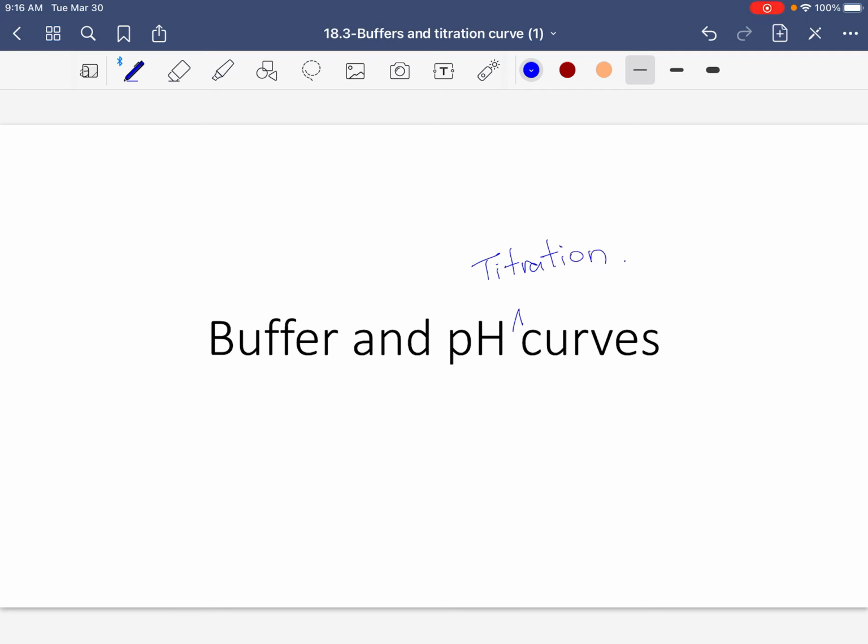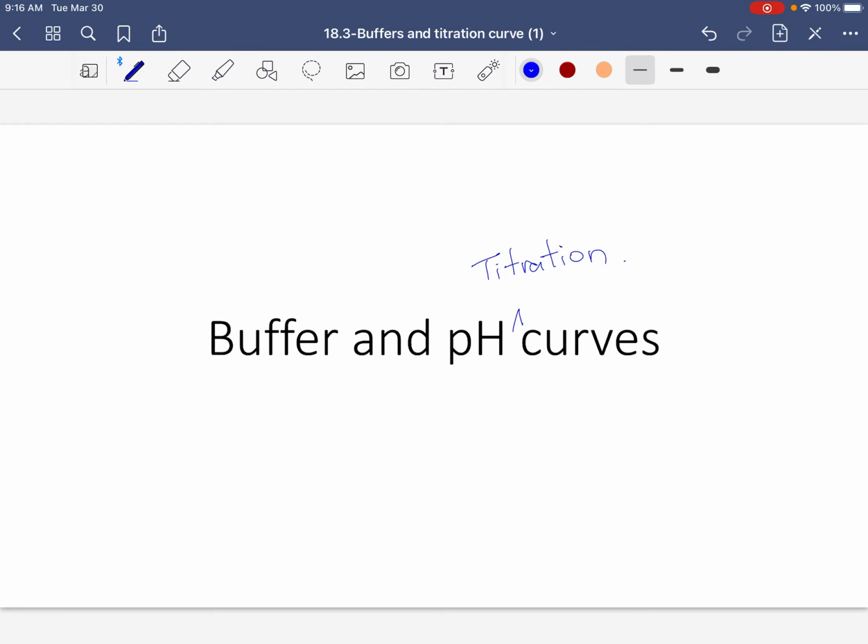I'll make sure to put that in your notes to make it more understandable. What's a pH curve? Doesn't pH have a curve? No. I'm talking about a titration curve, and we'll see what that is later. Next class, you'll be making one of these.